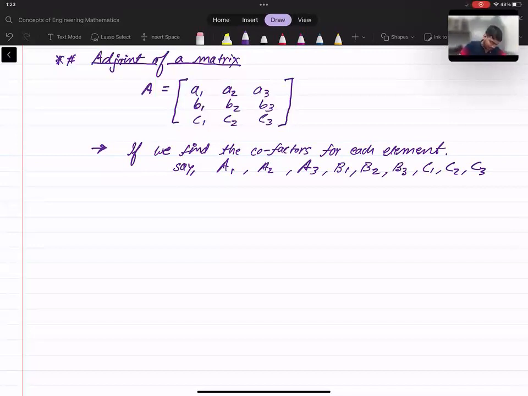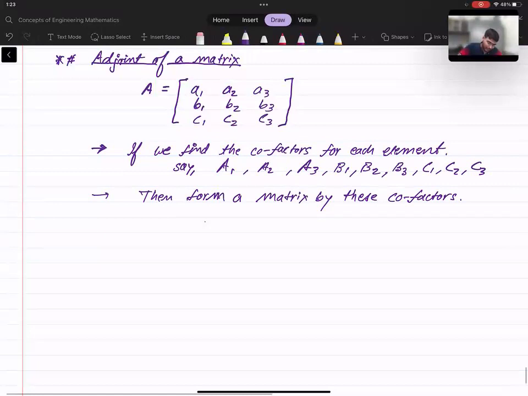Then form a matrix by these cofactors. So this will be, say, the cofactor matrix.